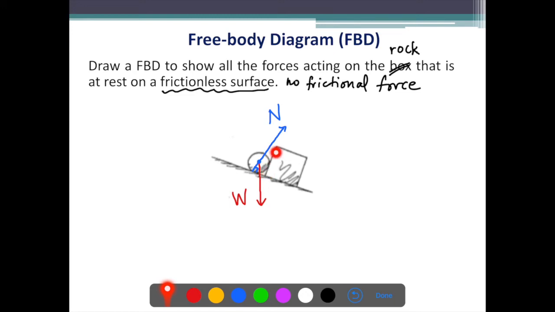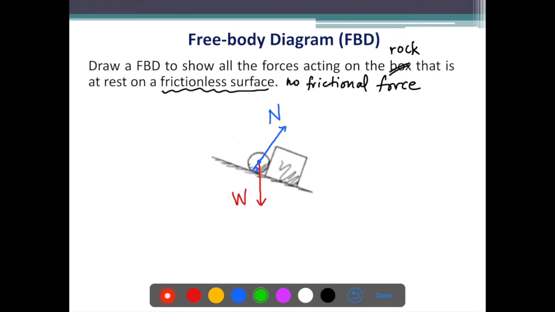Okay, so note that there's a block here that's preventing the rock from sliding down the slope. And so in short, this block is also providing a support force on the rock. Okay. So there's a support force provided by this block. The support force should always be perpendicular to the surface.